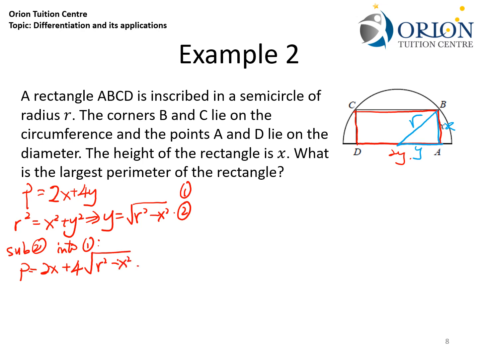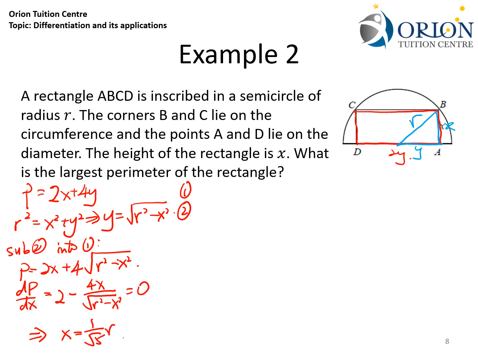Now this is a single variable equation which I can differentiate. dP/dx will be equal to 2 minus 4x over the square root of r² minus x². I need to equate this to 0 in order to solve for the stationary point. If I solve this equation, eventually I will end up with x equals 1 over square root of 5 times r.